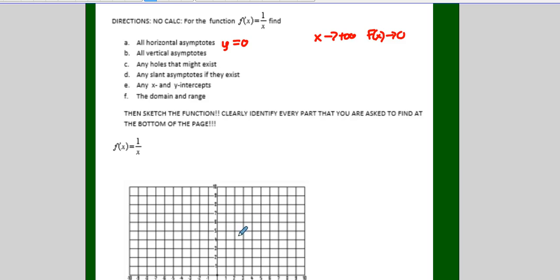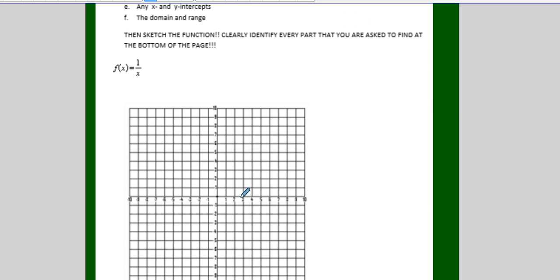So let's plot what we know. We've already done this, so we know that the function goes through these 2 points. Let's highlight our axes again. Just a reminder, this seems to give students some trouble: the x-axis actually is the line y equals 0, and the y-axis is actually the line x equals 0, the vertical line x equals 0.